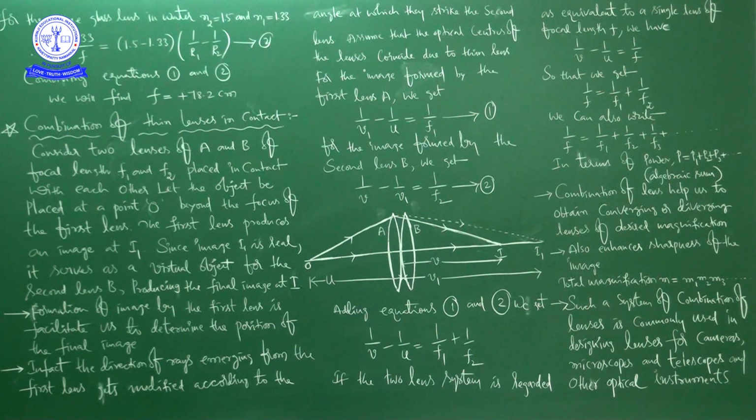Next, this image is real, but this image will act as a virtual object for the B lens, that is the second lens. So the rays which are coming from this virtual object will form a final image at I, right?